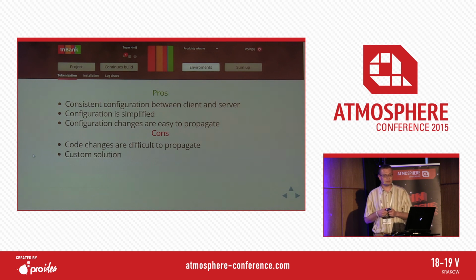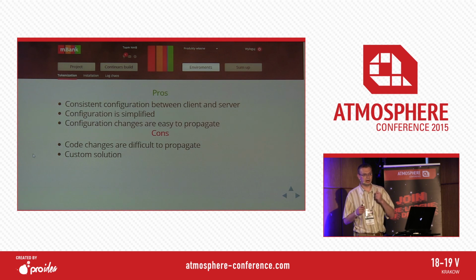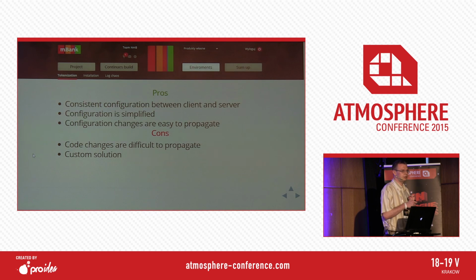The pros and cons, most I've already told. The most important con is that changes are difficult to propagate. So if I actually change something in the binding, the thing that hides all those configurations, then yes, I have to redeploy the whole solution. But how often does it happen?